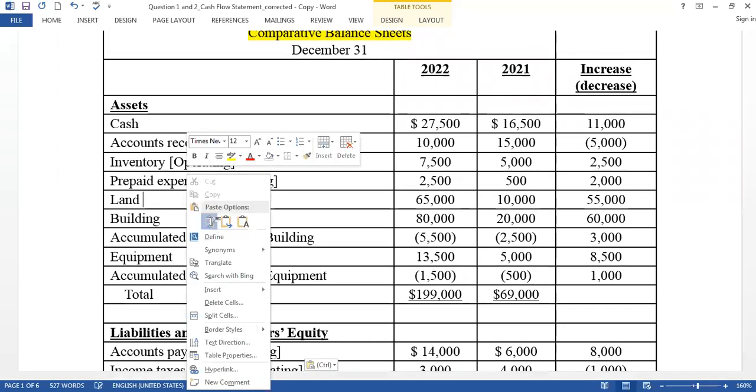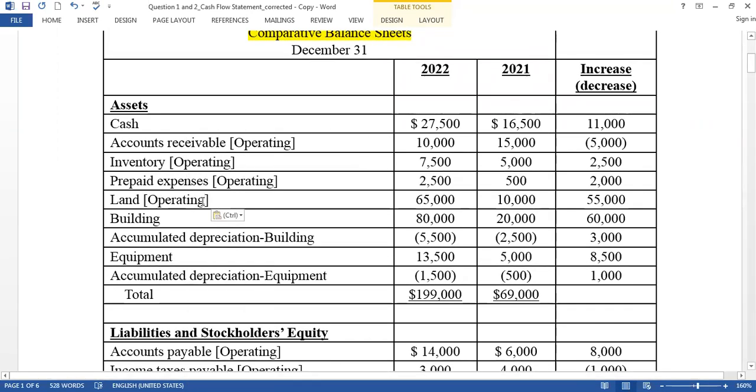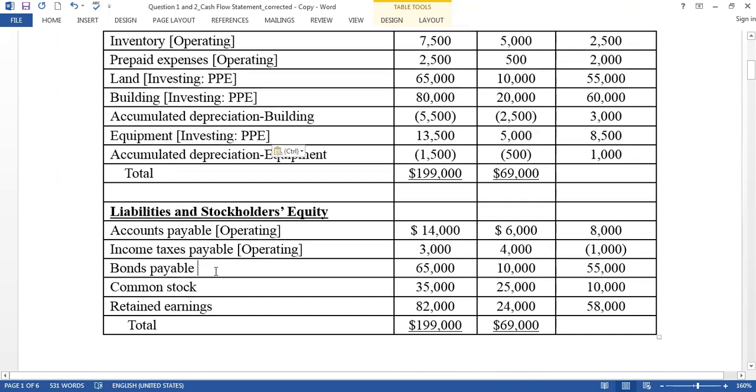Then land is related with property, plant and equipment. That means investing activities, because it is property, plant and equipment. So property, plant and equipment is related with investing activities. Then long-term liability is financing. Financing activities are related with long-term liability.